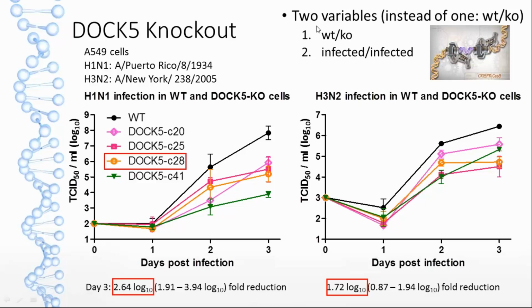So we have now two variables. The one variable is wild type versus knockout, and the other variable is infected versus non-infected.